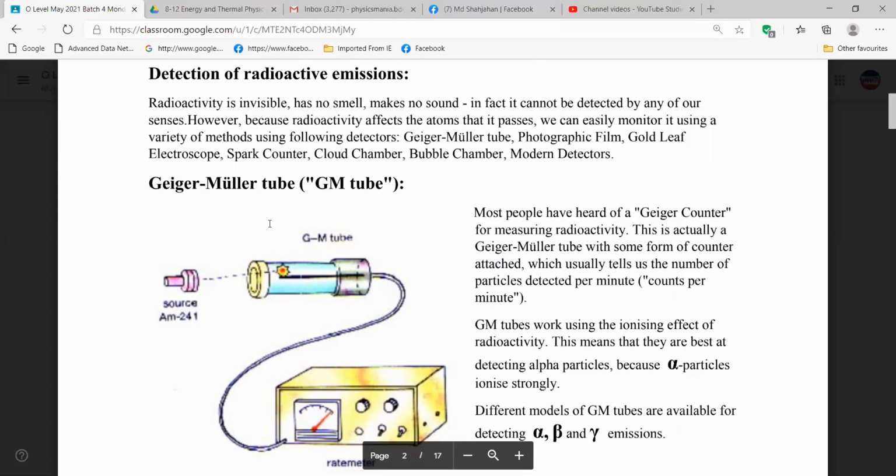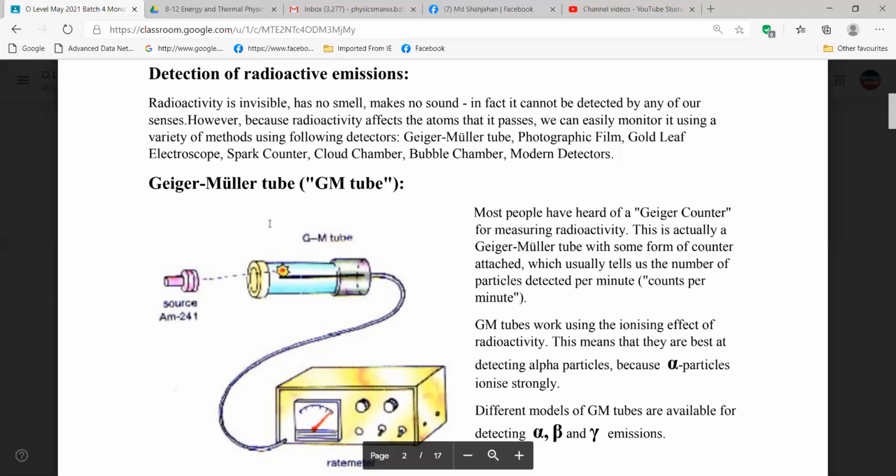None of the sensing devices or organs can detect it. So we need special types of detectors, because we cannot tell whether there is any radioactive emission around us or not, but they are affecting our body.